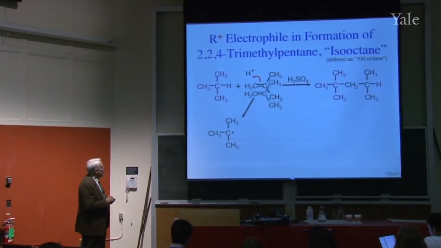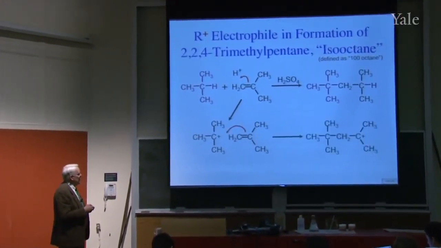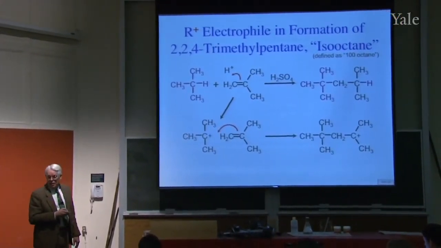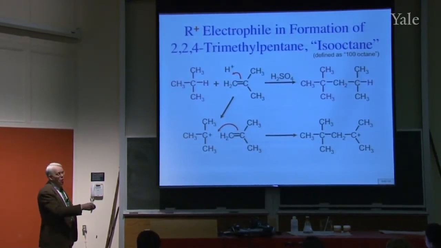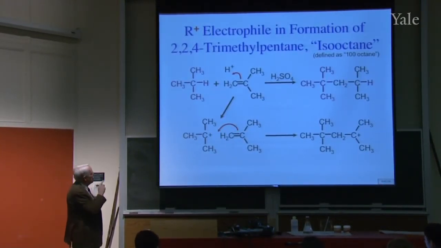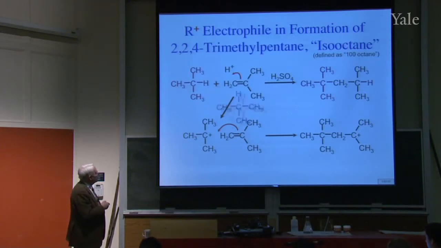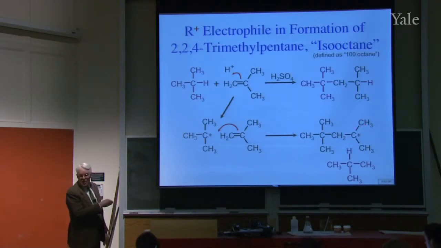And now the t-butyl cation can react with the alkene to give this. And now you'd say, why don't we just keep going? Well, it depends on what the situation is, and you'll see it can do that. But another thing it can do is react with this. This is a tertiary cation, but it's rather hindered.